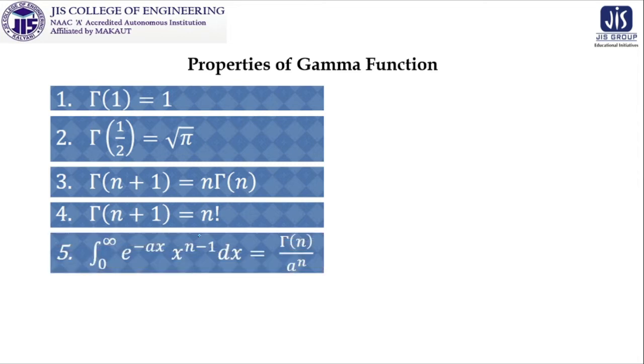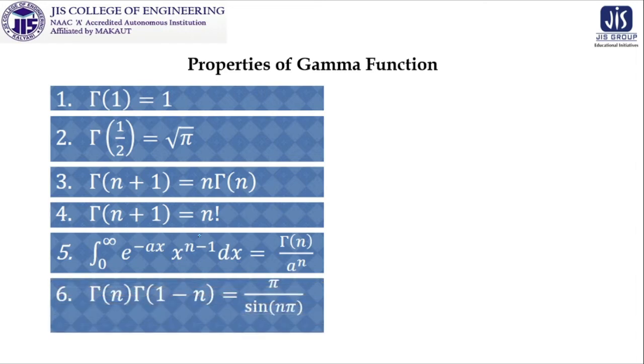Finally, we get another expression where the exponential function has e to the power minus ax, so it is related to the gamma function by gamma n by a to the power n, and this is the formula we applied in the last class also. We get gamma n times gamma 1 minus n is equal to pi by sine n pi. So these are the 6 formulas we need for solving problems related to the gamma function.